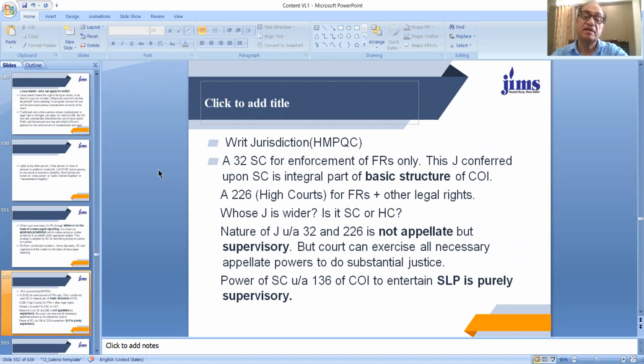But please note that the Supreme Court or High Court can exercise all necessary appellate powers to do substantial justice while hearing any writ petition. And the power of the Supreme Court under Article 136, that is special leave petition, is purely supervisory, and this Article 136 power is available only to the Supreme Court, but not to the High Court.